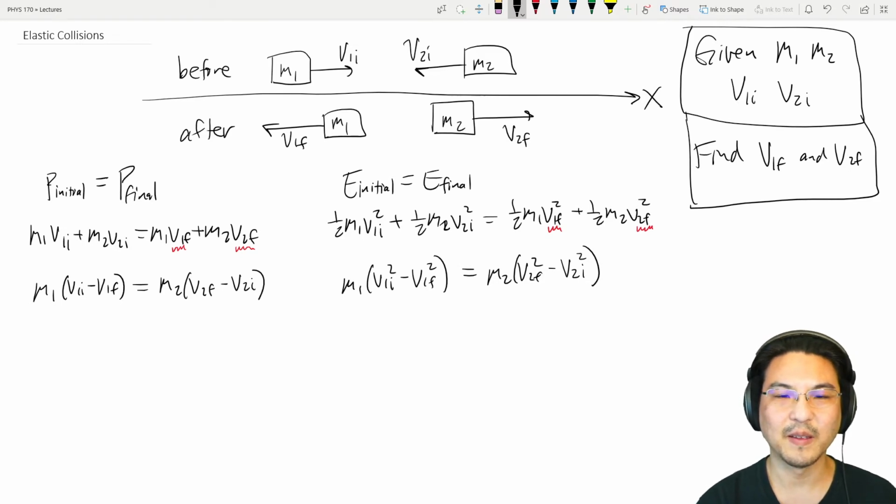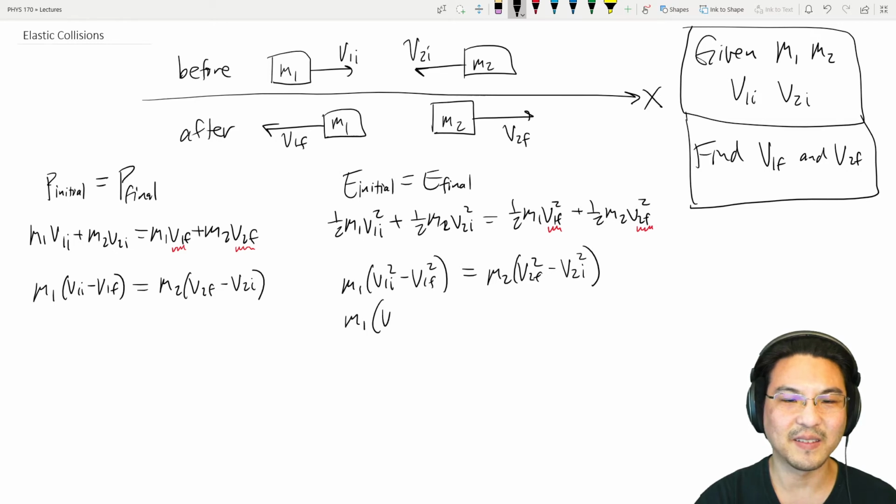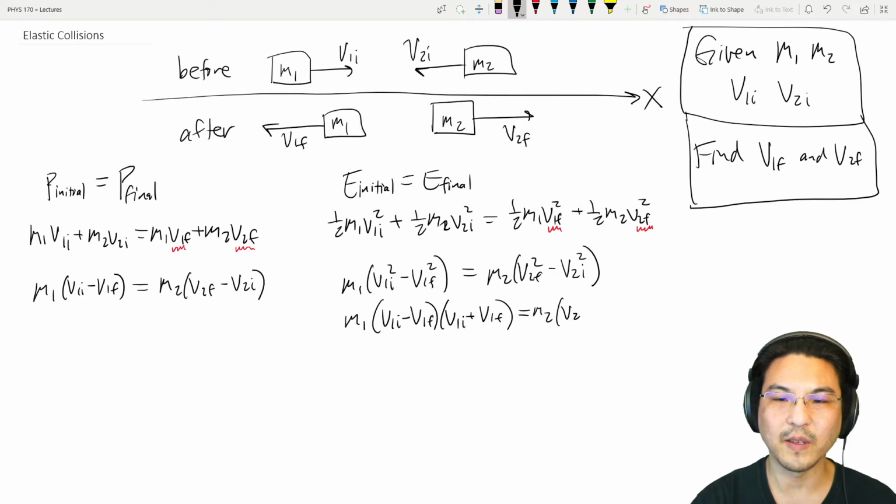If you have a quadratic like this, it's the same as if you do this, right? And then this quadratic factors as v2 final minus, and v2 final plus.